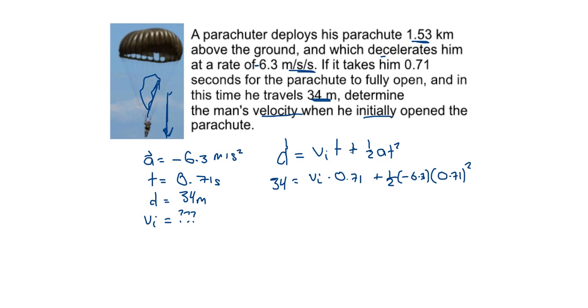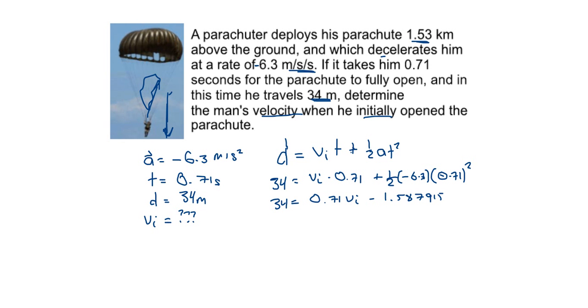And so what I might do here is make this 34. I might rearrange this and make it 0.71 Vi. And then I'm going to solve for what this value here is. I'm going to take 1/2 of 6.3 and 0.71 squared, and I'm going to discover that this whole number here is 1.587915.